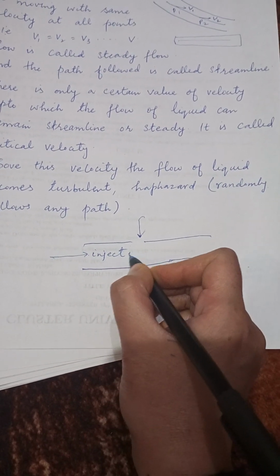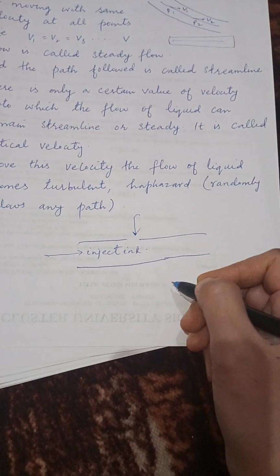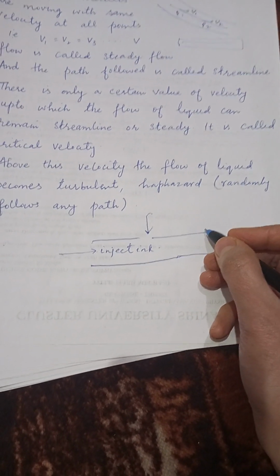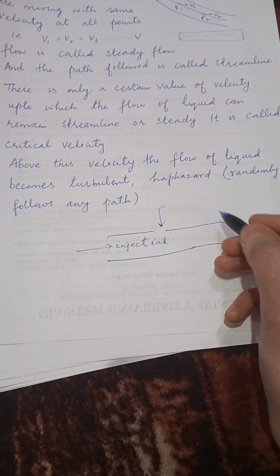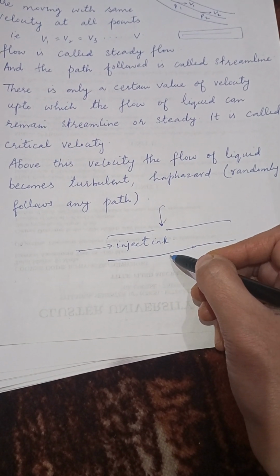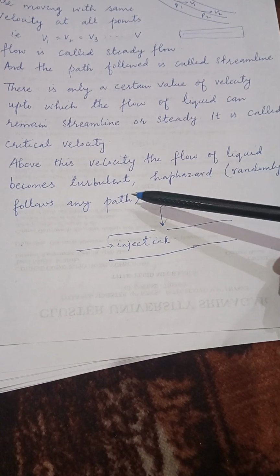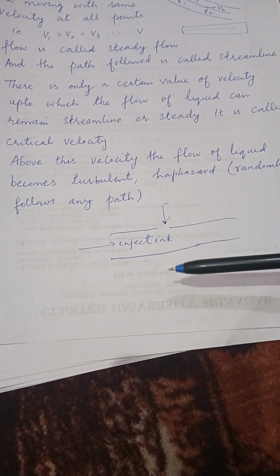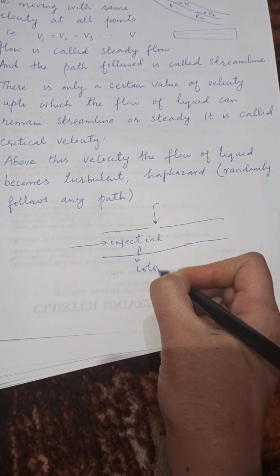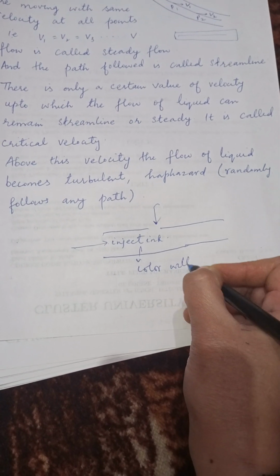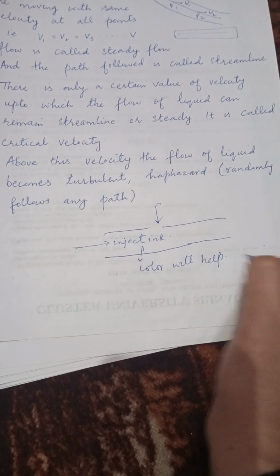Because water is transparent, we are able to see through it, it doesn't have any color. So whenever the motion turns from streamline to turbulent, we will not be able to judge that. A color will help us to identify that. That is why we are making use of some ink or some colored fluid.